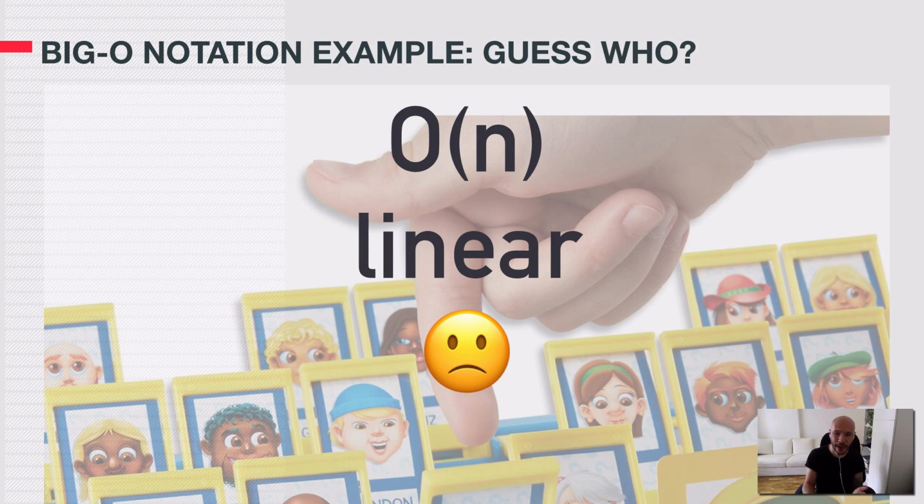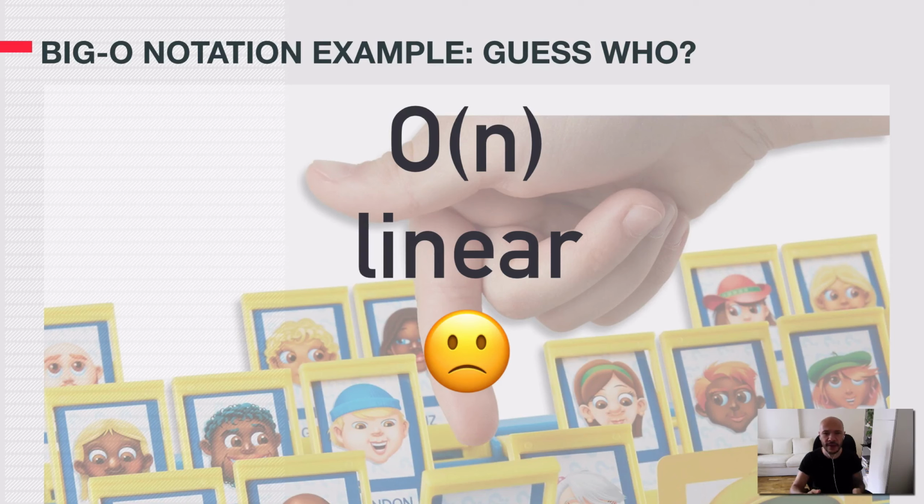Guess Who? I believe all of you are familiar with it. So imagine you need to find the character here on the right side of the screen, the blonde woman there, right? And with O(n), let's say I have 24, or 32, I don't know, characters.